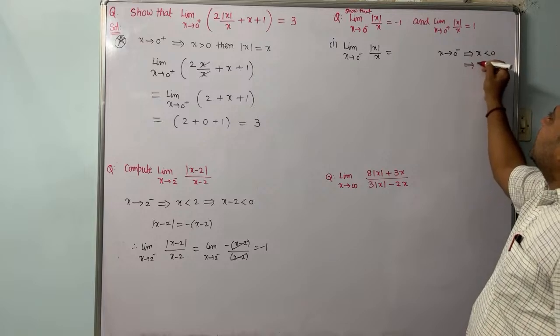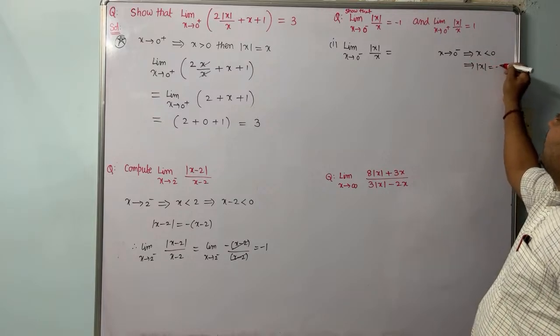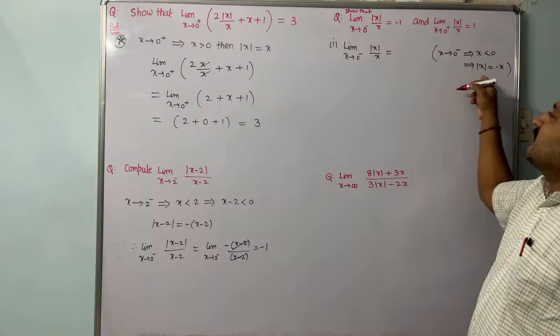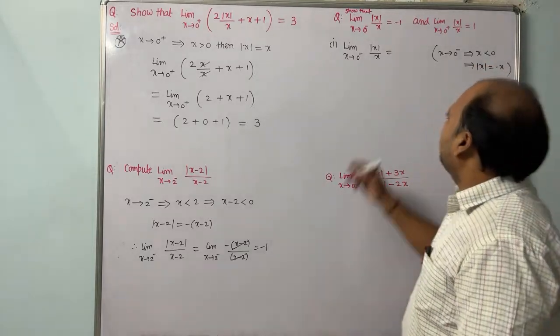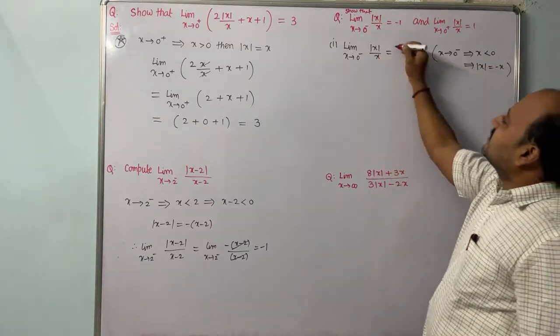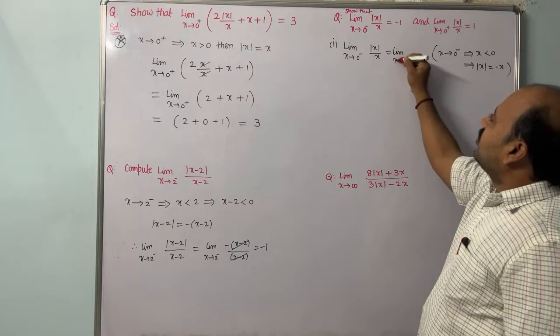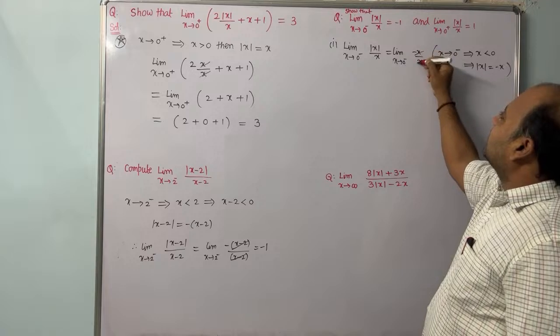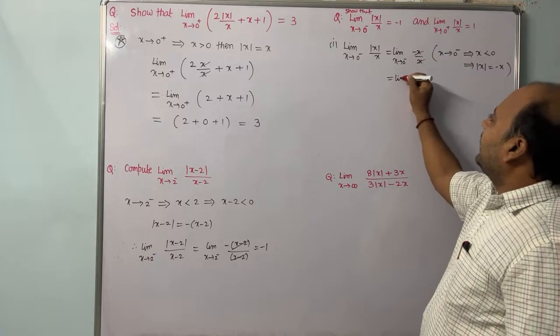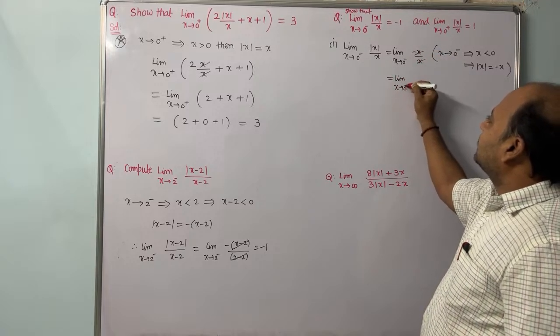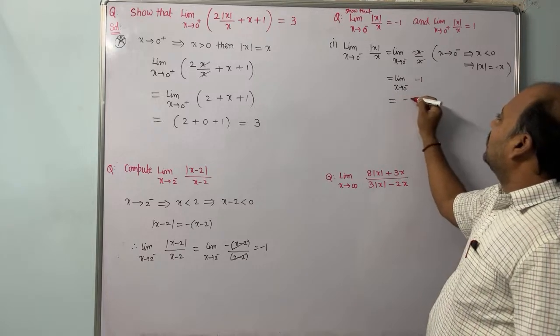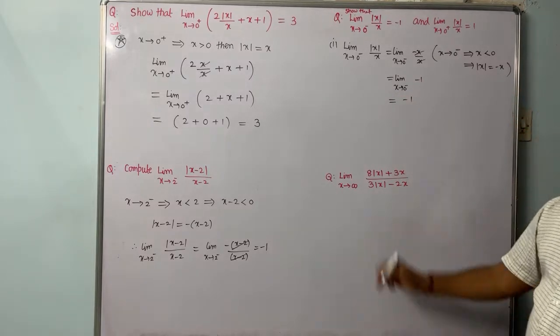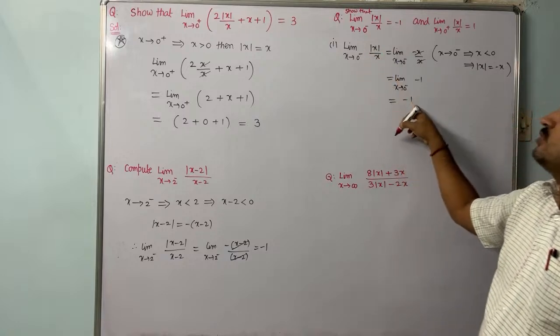When x is less than 0, mod x equals minus x, according to the definition of the modulus function. So wherever mod x is there, replace it with minus x. Limit x tends to 0 minus of minus x divided by x, x gets cancelled, limit x tends to 0 minus of minus 1. So the limit of mod x by x as x tends to 0 minus equals minus 1.